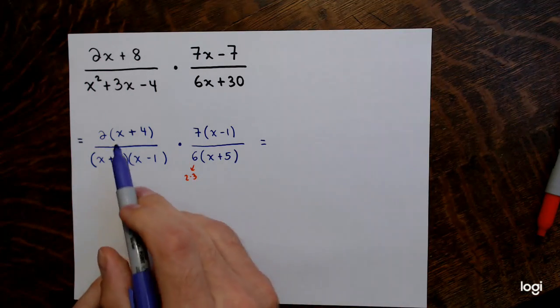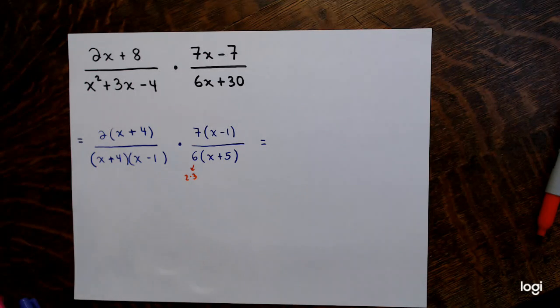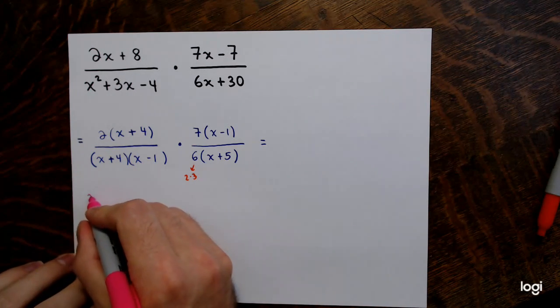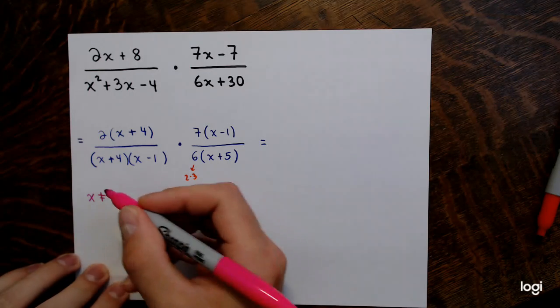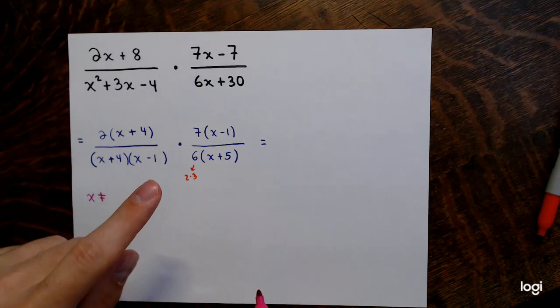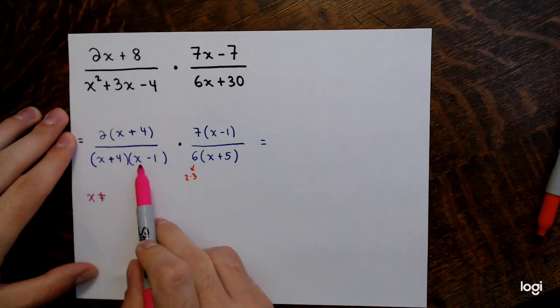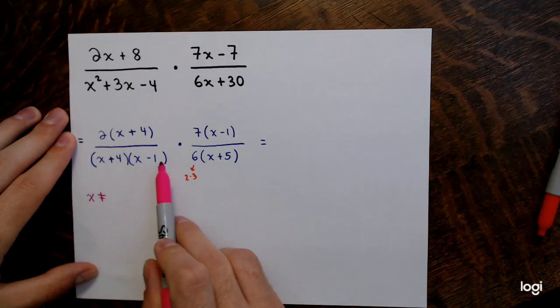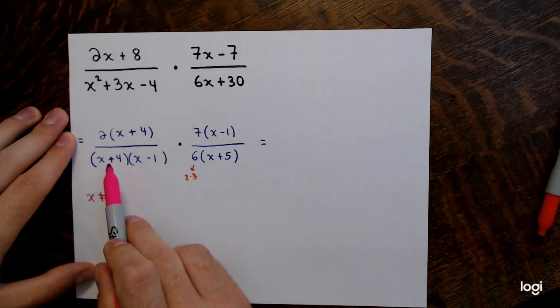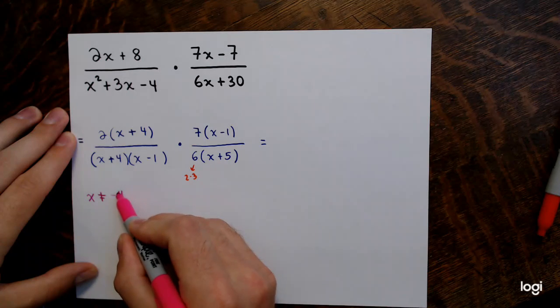Alright, so now the factoring step is done, and just beneath this I'll point out to myself that x cannot have a value. When I go to plug in values for x in this expression, can't divide by 0. Right? So nothing in the denominator can be 0. So x plus 4, this factor can't be 0, meaning x can't be negative 4.